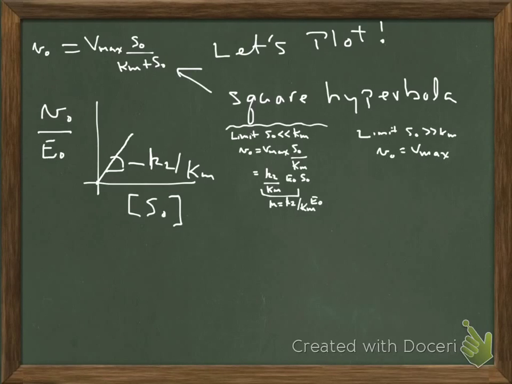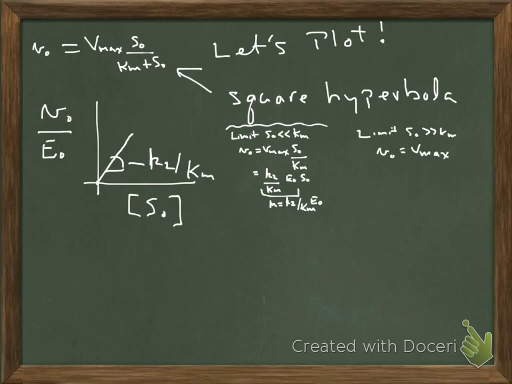Just from up here, if S is big, then you can ignore this guy, and because S0 is big, these guys cancel, and then it's just equal to Vmax, which makes sense because we've gone as fast as we can go. So if we increase S even more, what's going to happen to the velocity?